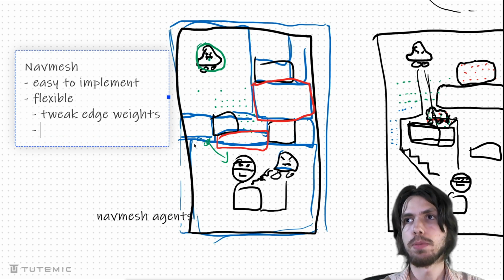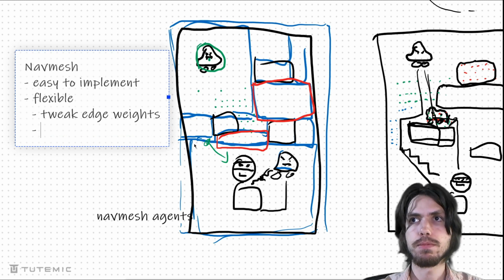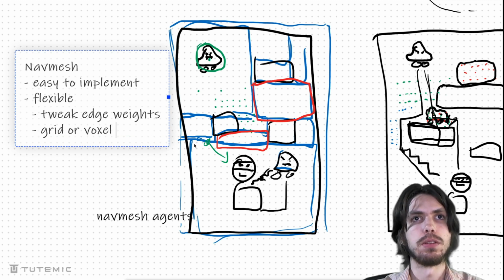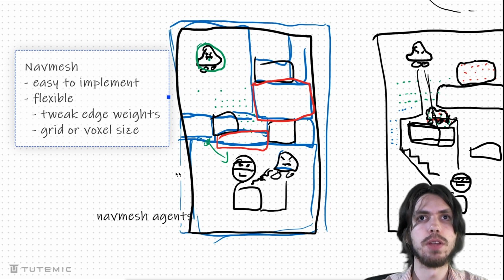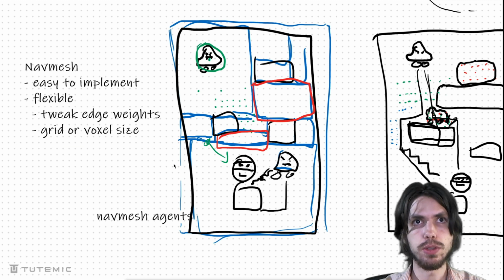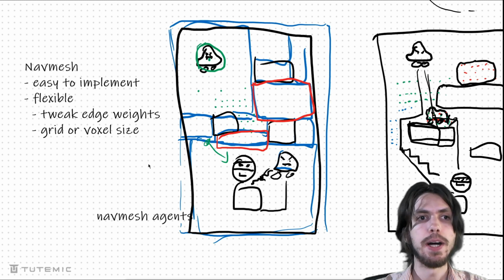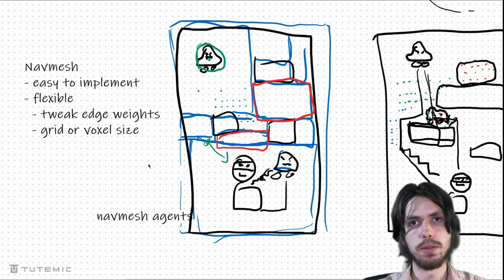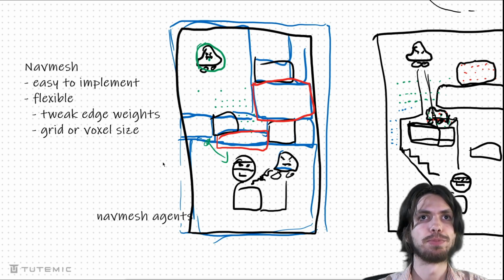Also, you can typically choose the grid or voxel size. So you can choose how many points. The finer the grid, or the smaller the voxel size, the more CPU costly it is, the more demanding it is on the CPU, right?